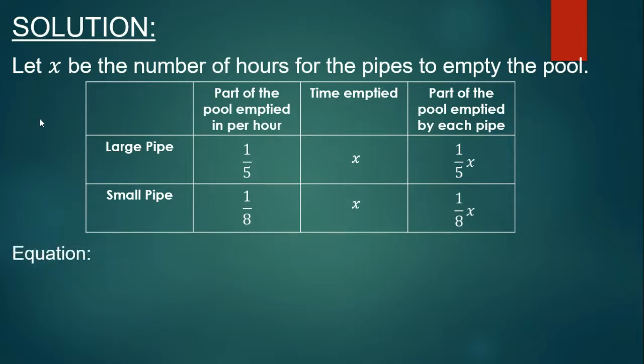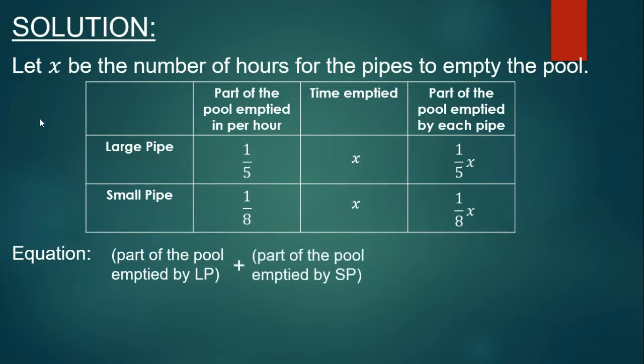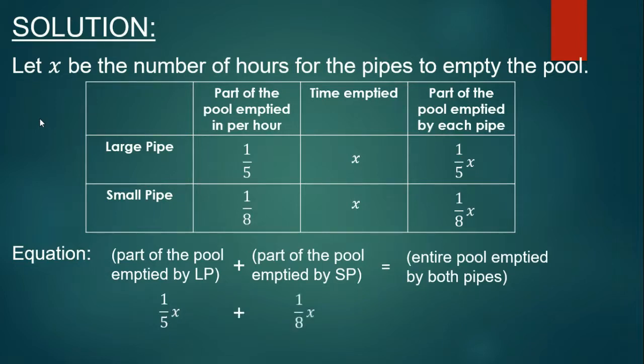Okay, so for the equation, part of the pool emptied by the large pipe plus the part of the pool emptied by the small pipe is equal to entire pool emptied by both pipes. So ano yung part of the pool emptied by the large pipe? We have 1 all over 5x plus the part of the pool emptied by small pipe, we have 1 all over 8x is equal to entire pool emptied by both pipes. Since iisa lang yung pool na tinutukoy natin dito, we have 1.